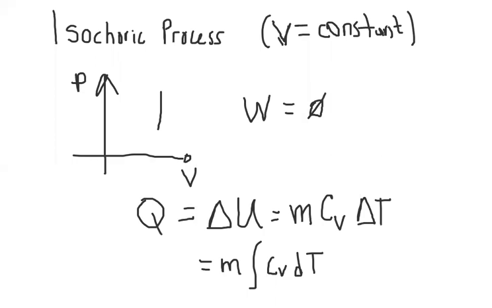Now, since the change of internal energy is not depending on the trajectory, but only on the state, it will only mean that it will always be m integral of Cv dT. That's going to be always the change in internal energy, which is the heat in an isochoric process.